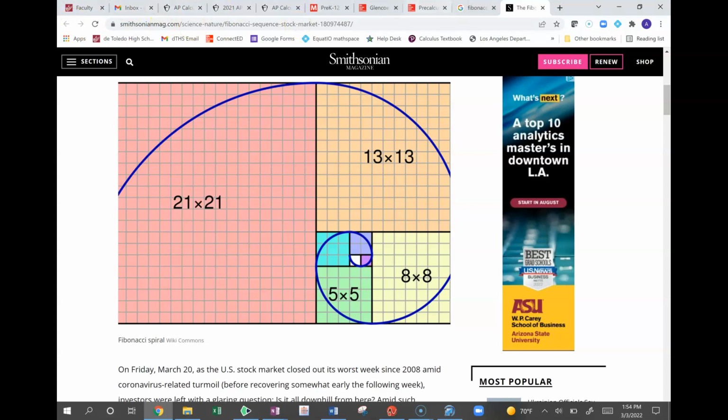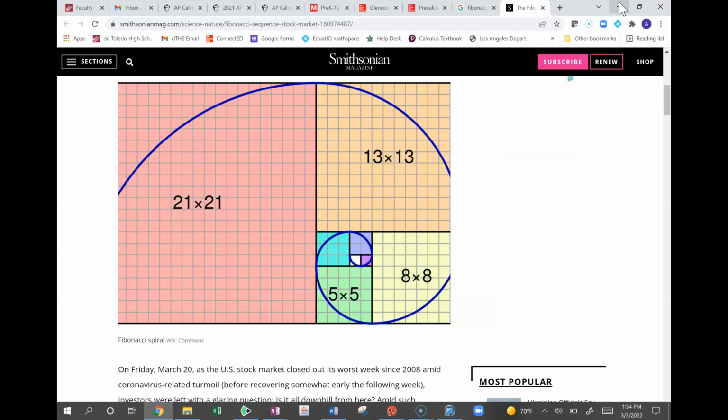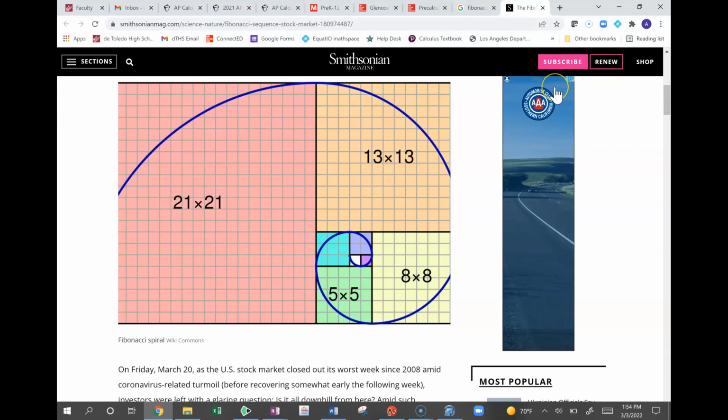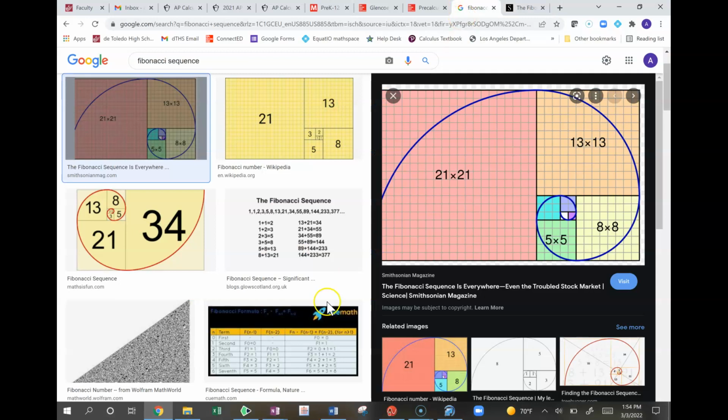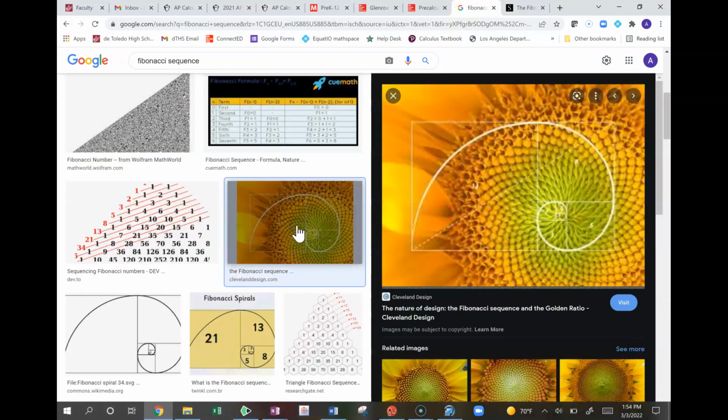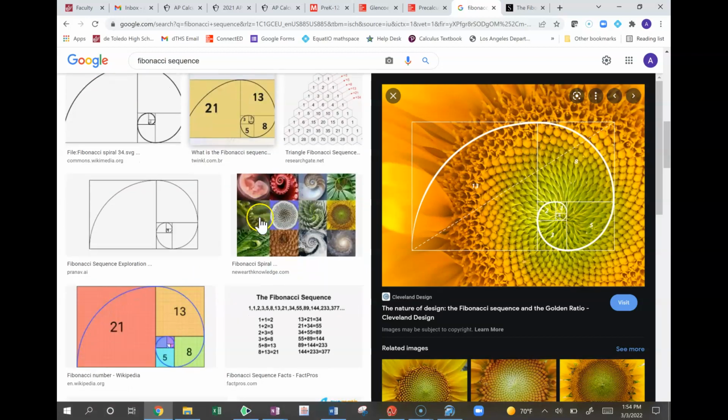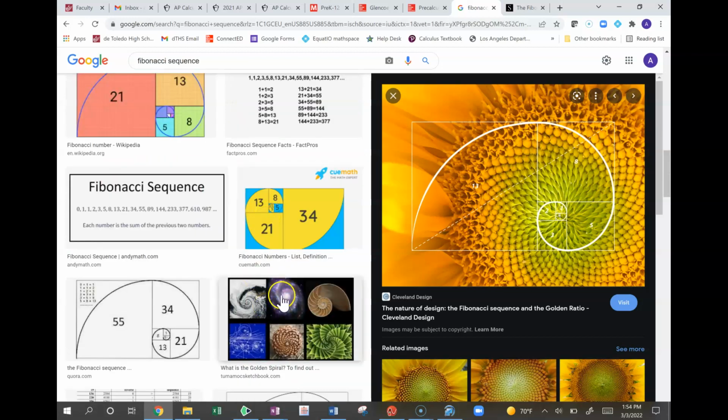And then if you look at, let's say, the seeds in a sunflower, the first level has like 3, then it has 5, then it has 8, and so on. As you expand, the numbers expand in the same way. So you can see it all over in nature.